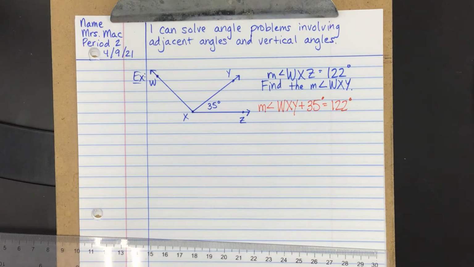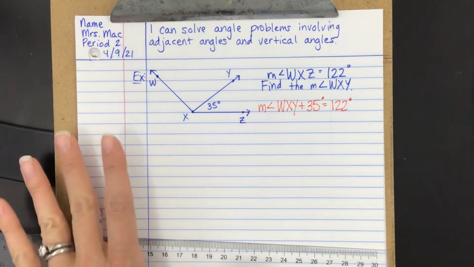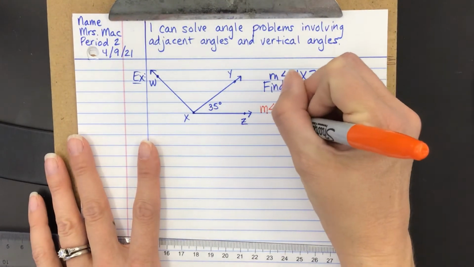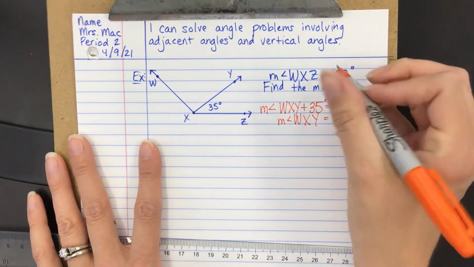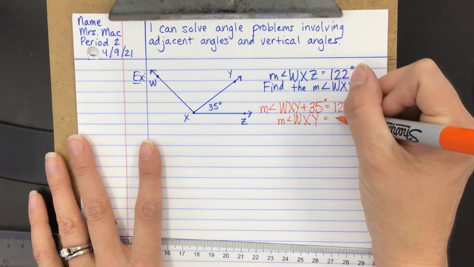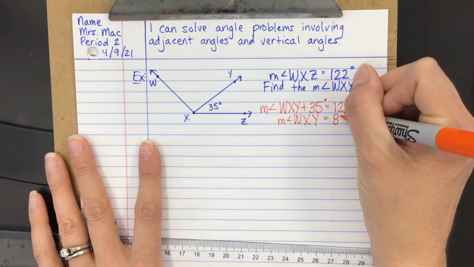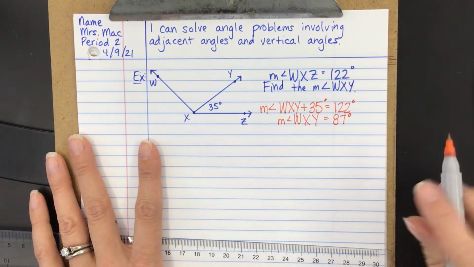So you don't need to write it out formally. I just want you to see it in your notes and have it in your notes, but really all we're doing is subtracting here. So if I subtract 35 from both sides, I get that the measure of angle WXY is equal to, I believe that's 87 degrees.